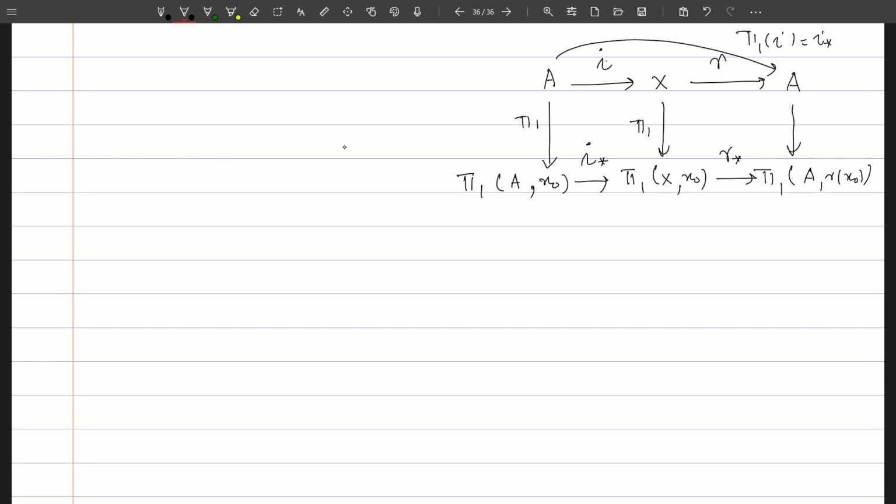This is the composition map, the map R composite I. So this map is carried out to the map R composite I star, which is the same as pi 1 of R composite I, because pi 1 is actually the functor.